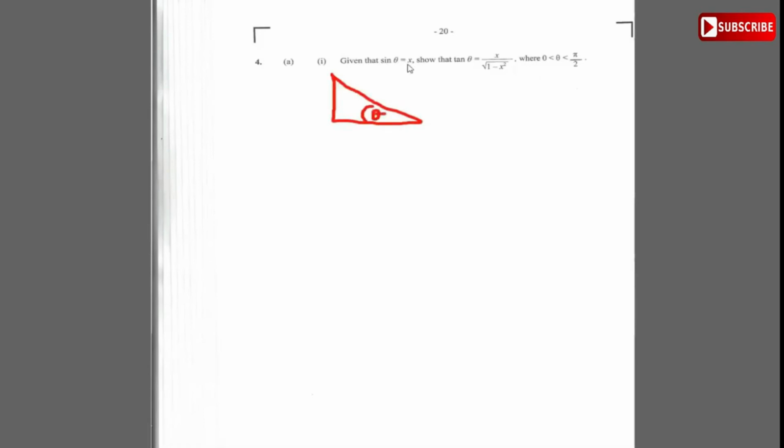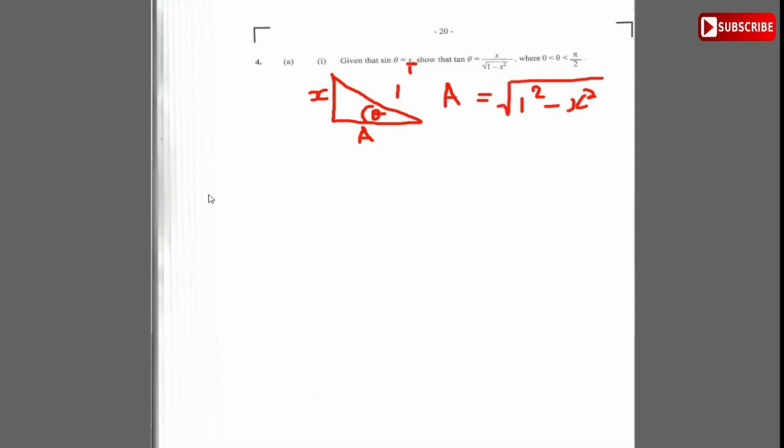Hypotenuse is 1. This is really x over 1, and the opposite is x. And so I need to find the adjacent. Let's call it adjacent A. The adjacent A is going to be equal to the hypotenuse squared, which is 1 squared minus x squared, all square rooted. That's the adjacent.